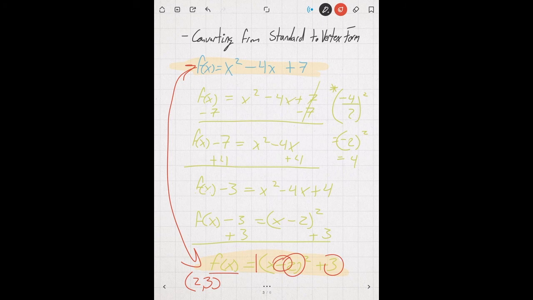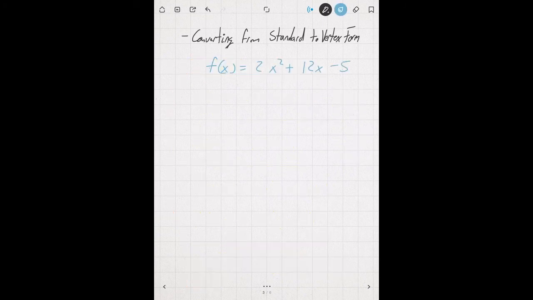What I'd like to do now is try another example of this, okay? Let's try another example, but this time I want you to, on your own, try to complete the square to get the quadratic into vertex form. All right, let's go ahead and try this example where we have f of x equaling 2x squared plus 12x minus 5.